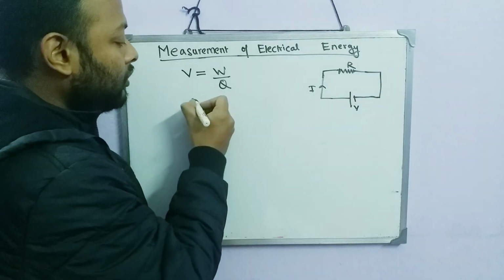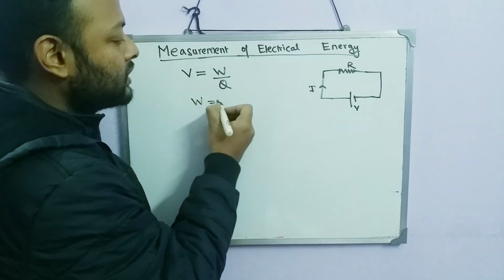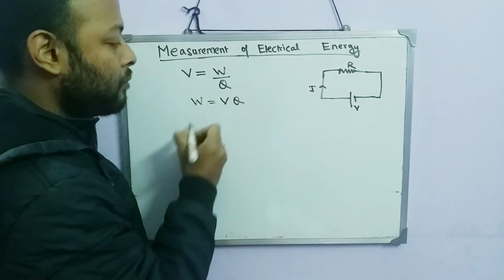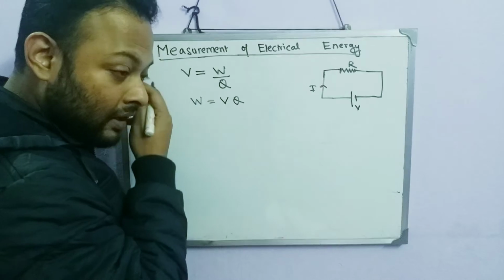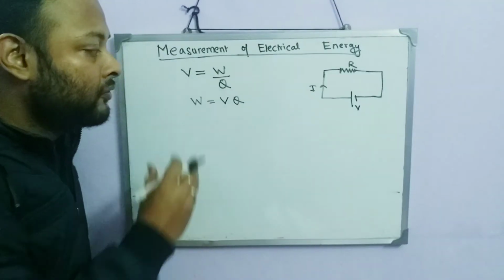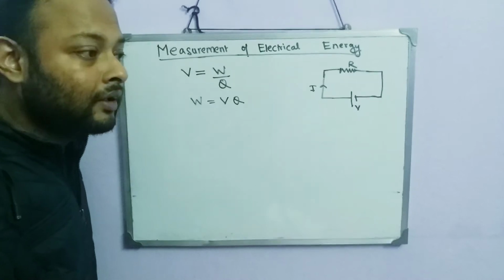Now, work done is equal to V Q, right? There is one thing that you should know before I start deriving it.